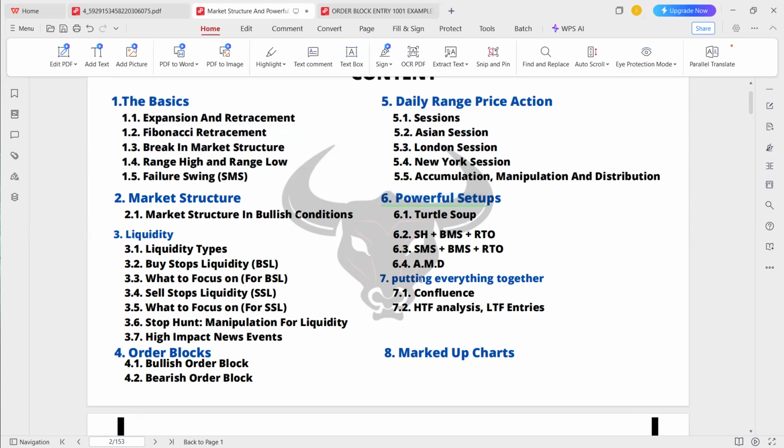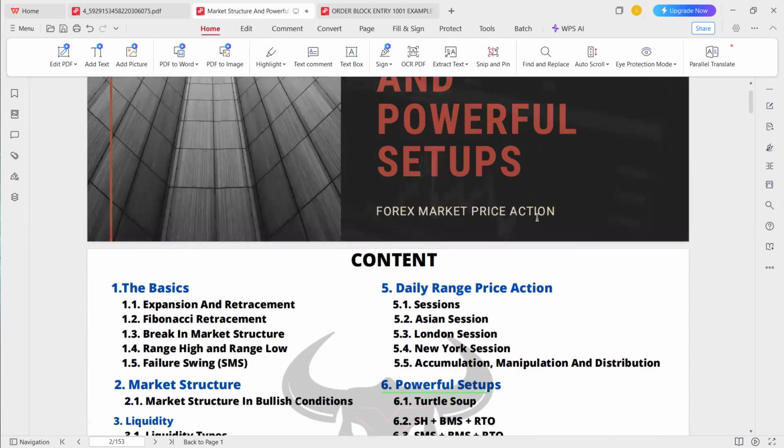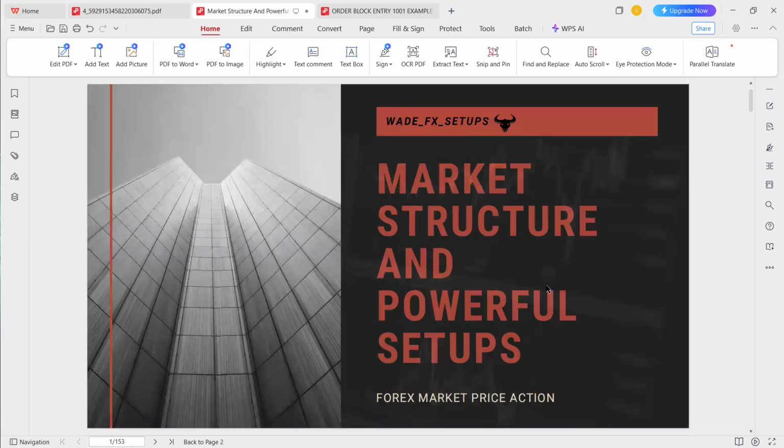Then putting everything together, a combination of everything we would have learned into one chapter, then a few marked up charts at the end here. So after every chapter, we will dive into the charts, look at a few examples, apply what we've learned, and see how we can improve ourselves as traders using this book, Market Structure and Powerful Setups by WadeFX.